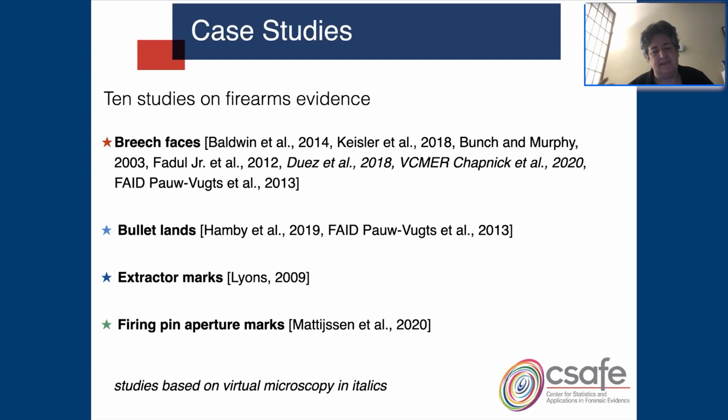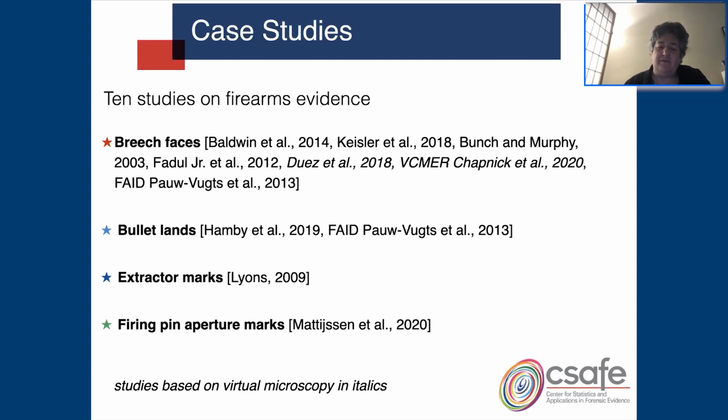Then there's several bullet land comparisons. Hamby, here this is Hamby 2019, but the study goes much, much further back. It's more like 15 years of study summarized in this paper from 2019. And then also FIDE 09 has a separate set of not just cartridge cases that are in the upper item, but also bullet comparisons.